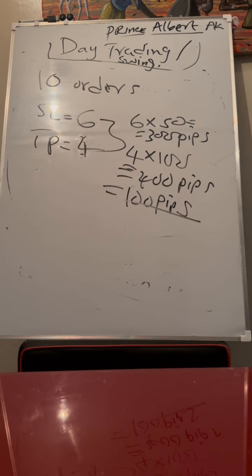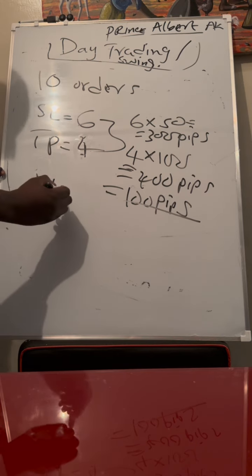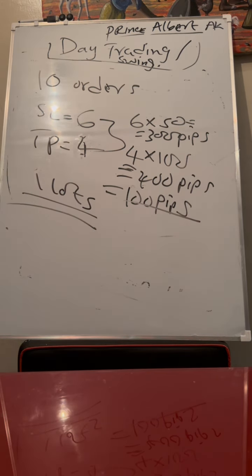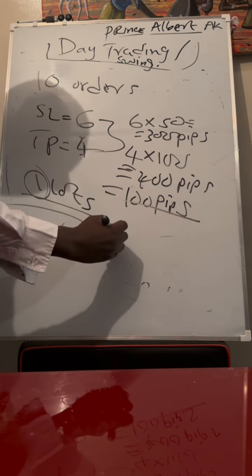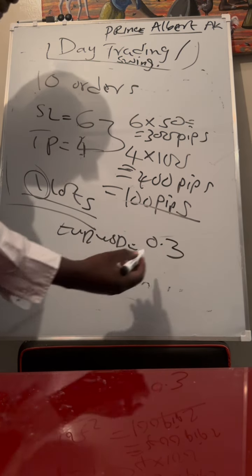So how are you going to open? Of course, we said it's 1 lot. So here you are going to open maybe 4 orders of different currencies. This 1 lot, you're going to divide into the number of orders you want. Let's say, for example, you open Euro USD, you can do 0.3.